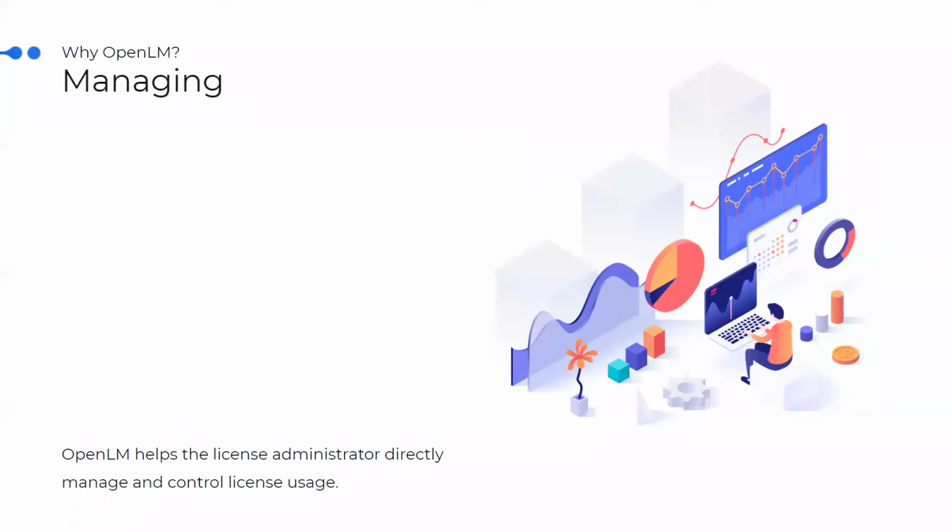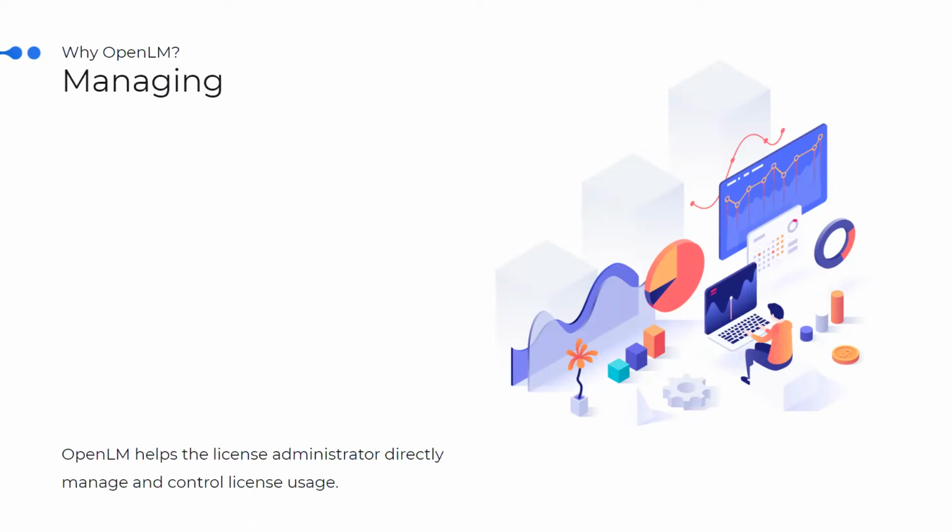Now, secondly, managing. OpenLM helps the license administrator directly manage and control license usage, which means we have different functionalities like allocating licenses to groups of users, harvesting licenses of idle applications, which means if a certain application is idle above a specific threshold of time, which you can always define in the system, then licenses can be harvested.